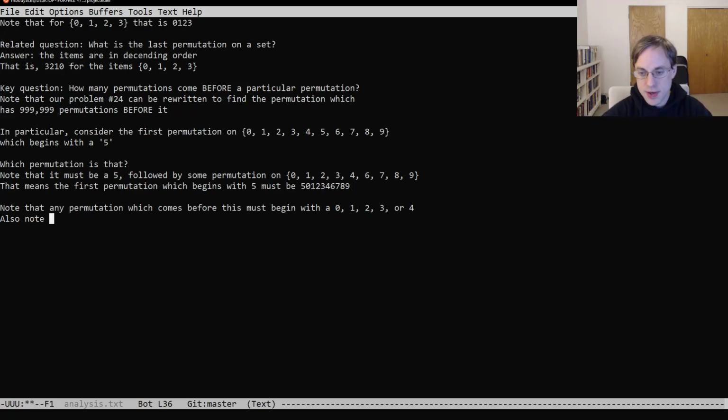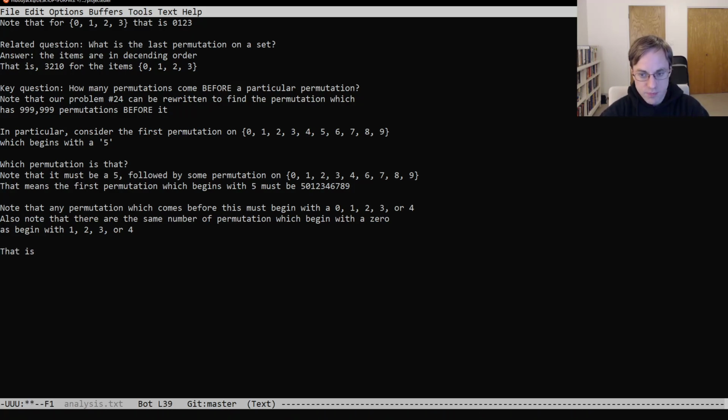Also note that there are the same number of permutations which begin with a 0 as begin with 1, 2, 3, or 4.